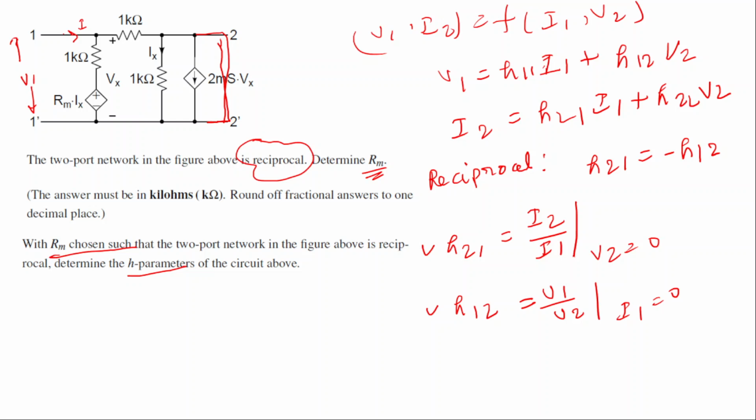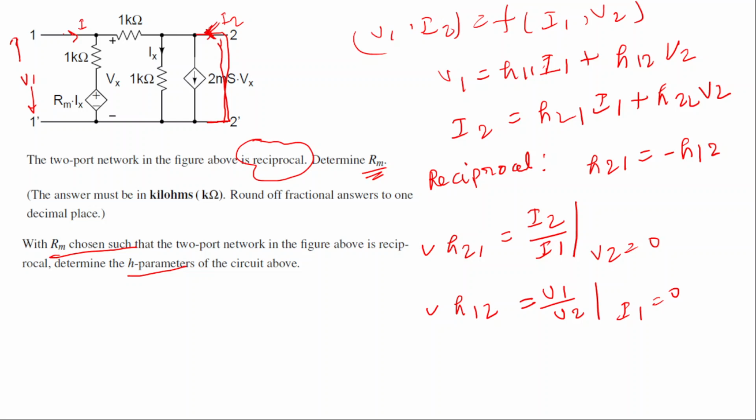Let's take the direction by convention. We need to find I2 divided by I1, provided that the output is short circuited.